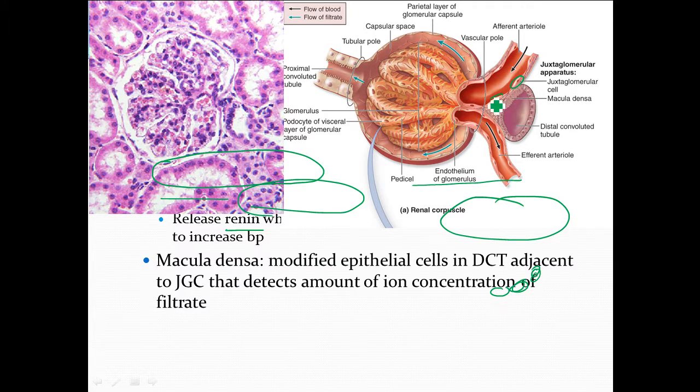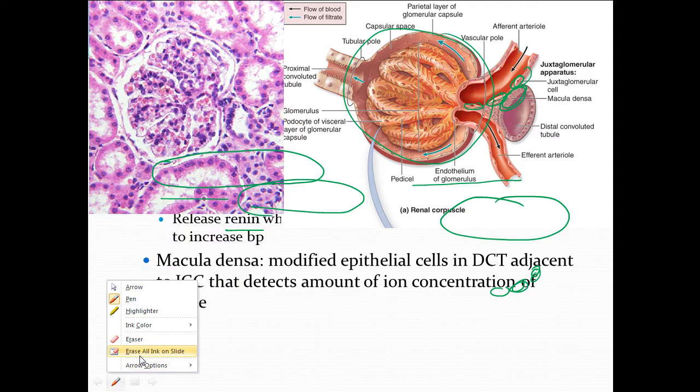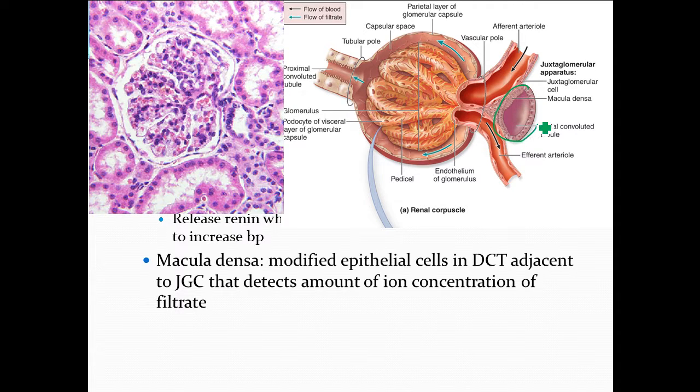It detects whether or not the blood pressure is high or low. The macula densa are the cells within the distal convoluted tubule next to the glomerulus here. Okay, so here's the glomerulus, right? So this macula densa is located in the distal convoluted tubule.